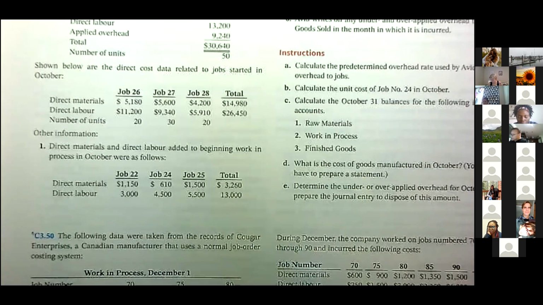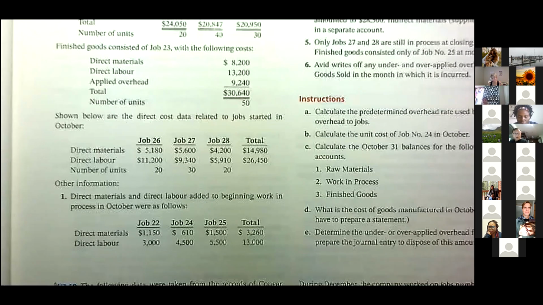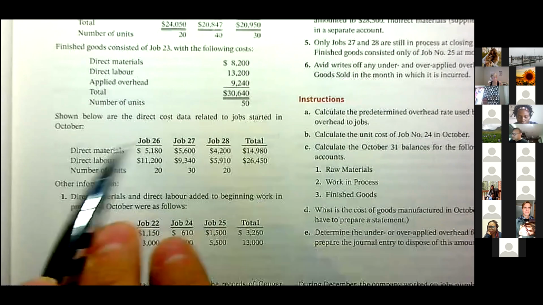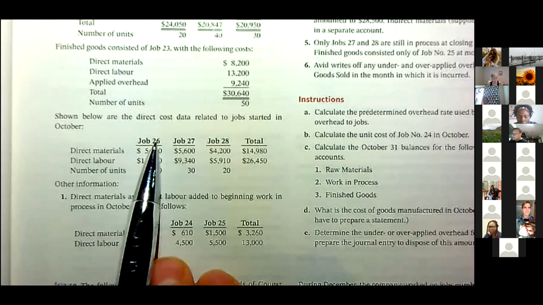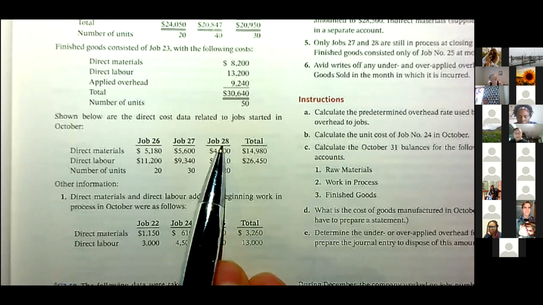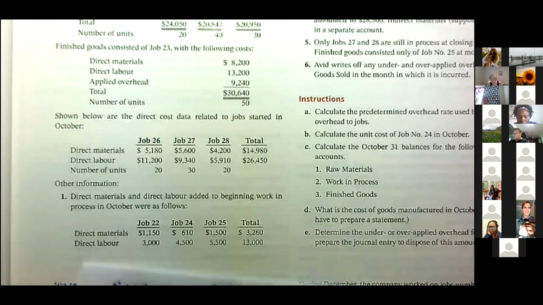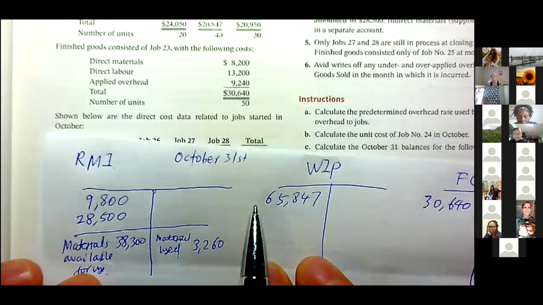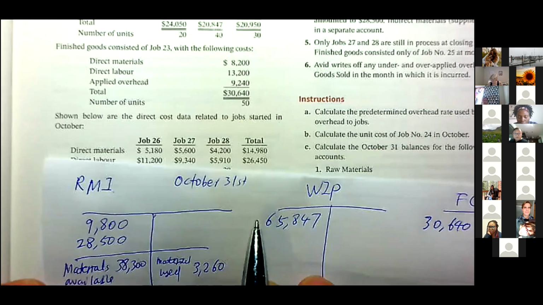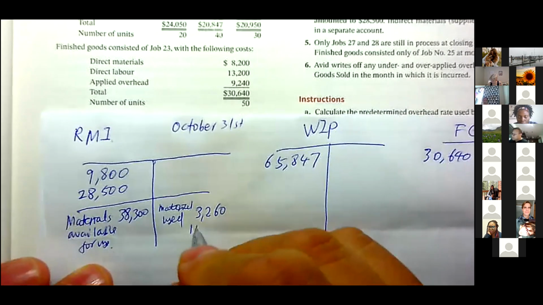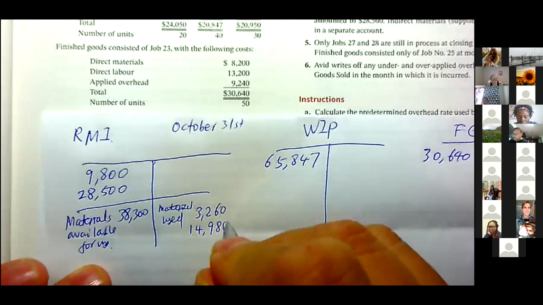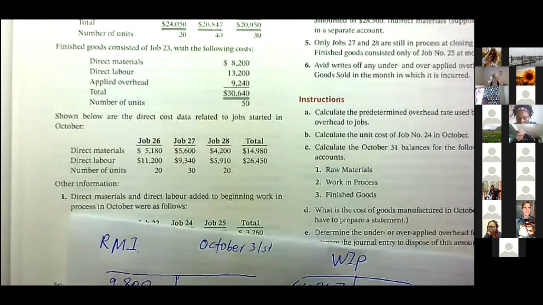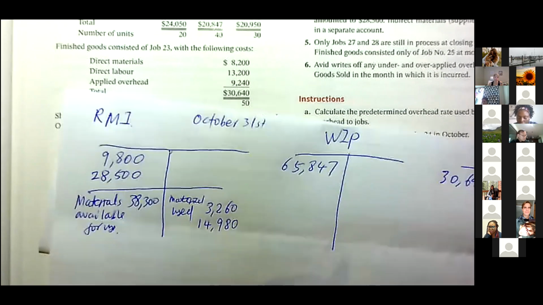They also started these jobs. So they started in October jobs 26, 27, 28, right? And the total is this. So I'm also going to add these other job orders. 14,980. So that's the use, that's how much they used.